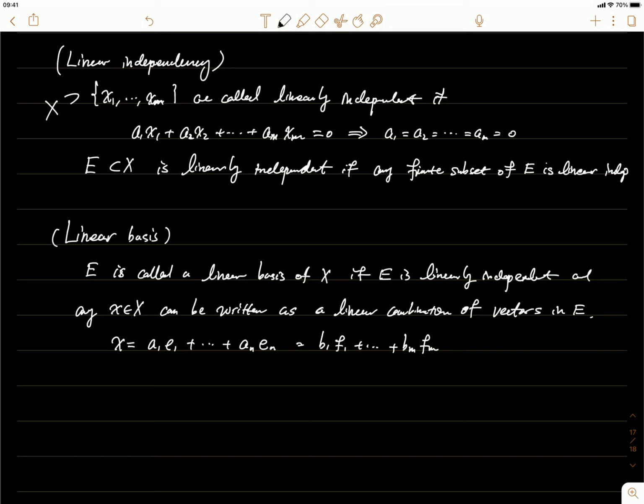You could have some repeated elements in E and F, but it doesn't matter. As long as you can write it this way, by subtracting the two sides you get zero coefficient for each one of them, and that implies that the representation is unique. That's pretty standard and easy to do, and you can try it yourself.